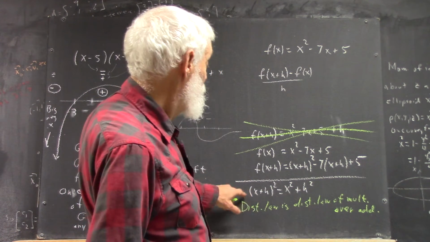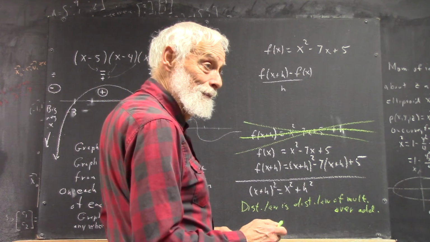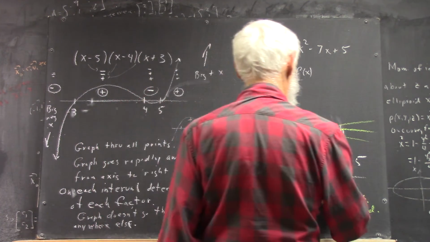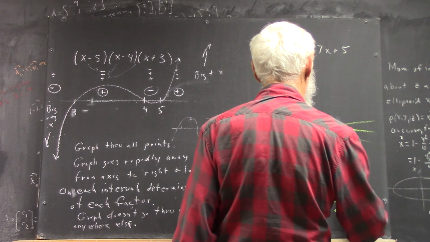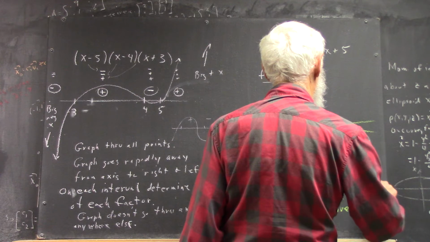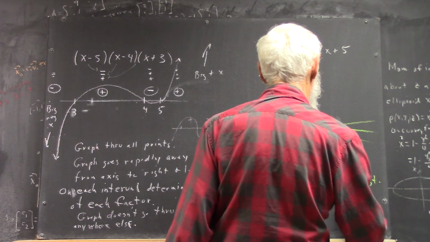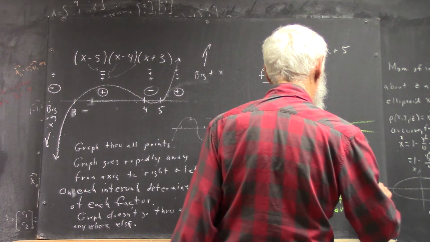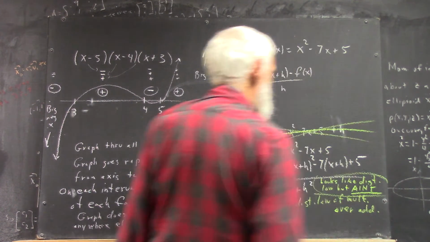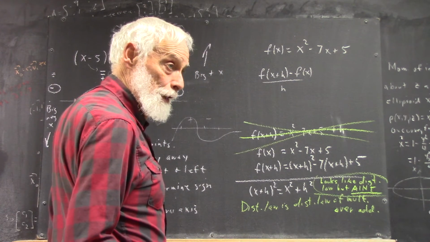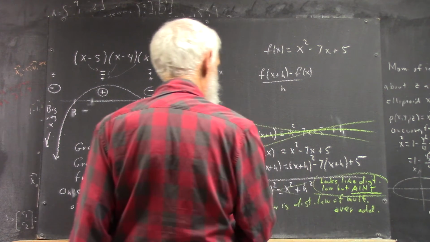Well, it looks like misapplication of the distributive law. This looks like the distributive law, but ain't. So you want to lock that idea in. So I'm going to cross this one out. It isn't right.